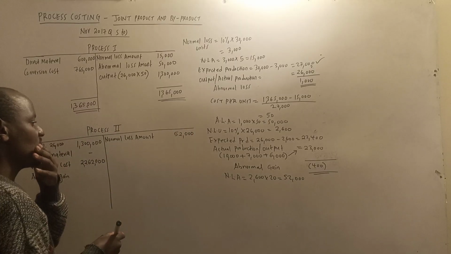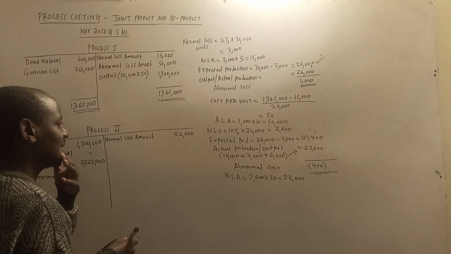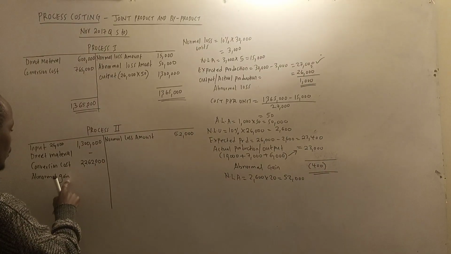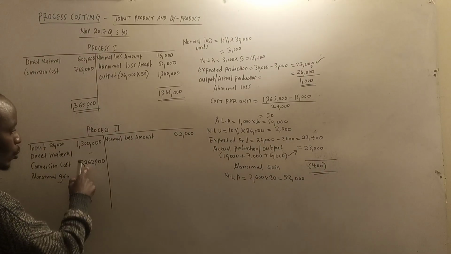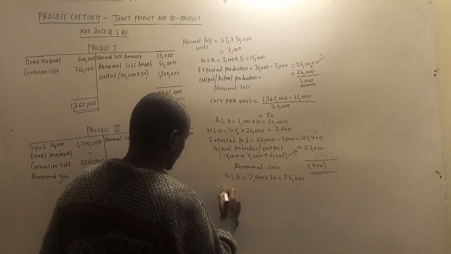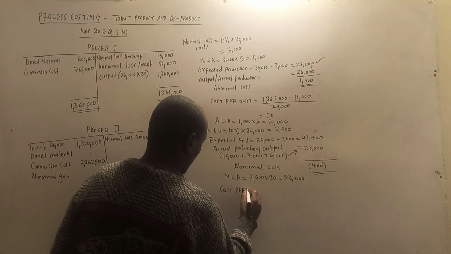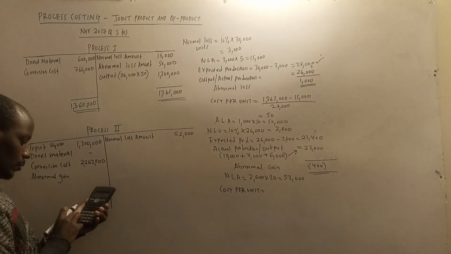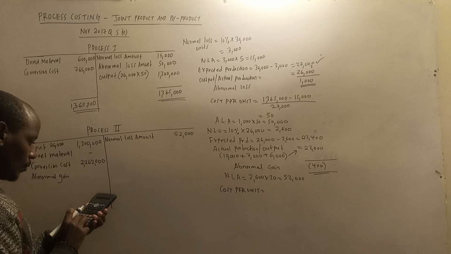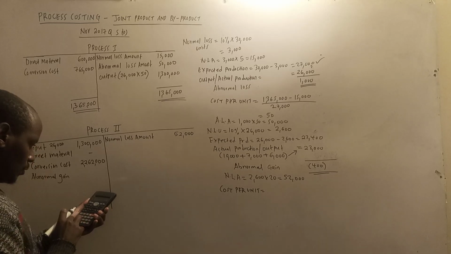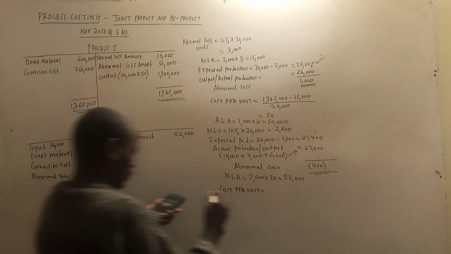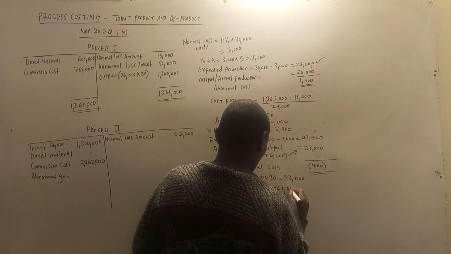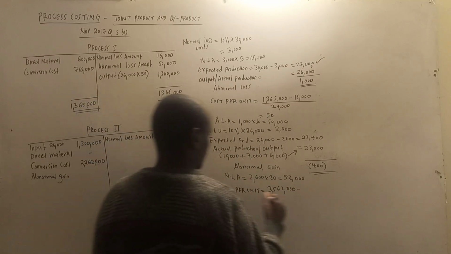What else do we need? Now we need this abnormal gain, but before we do that, we need the total cost. So cost per unit is 1,300,000 plus 2,262,000, which is 3,562,000, minus 52,000.